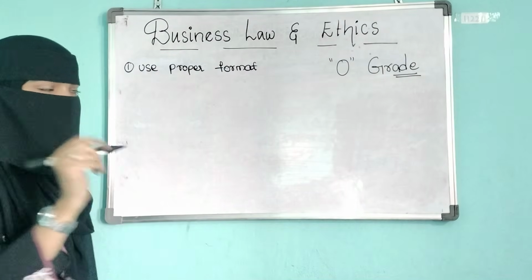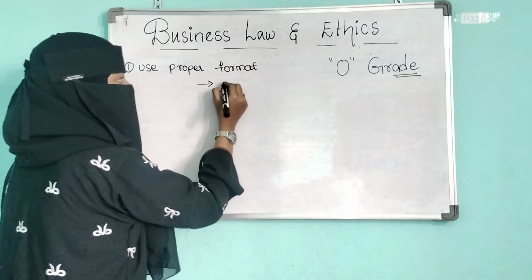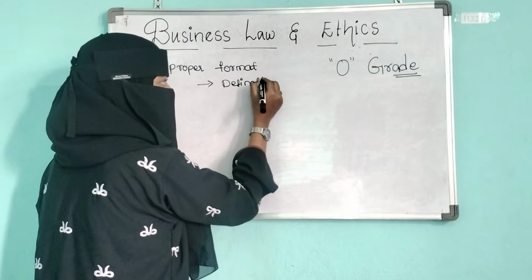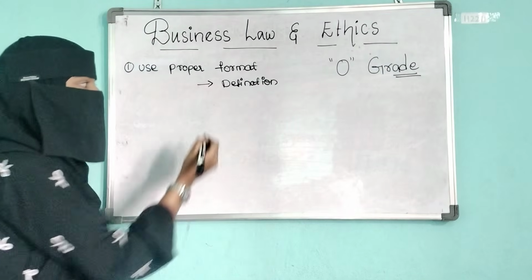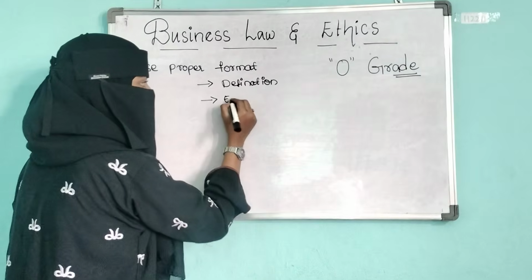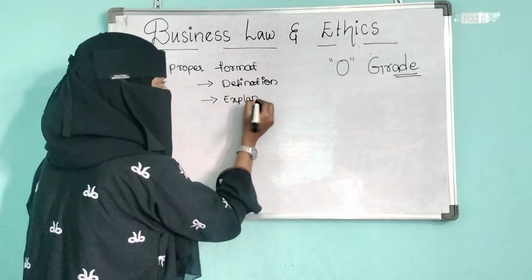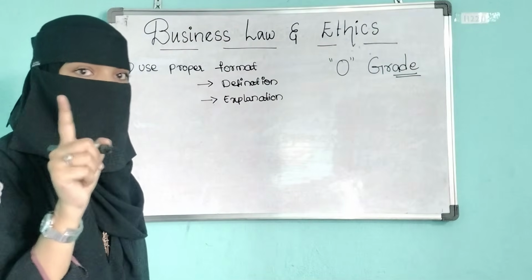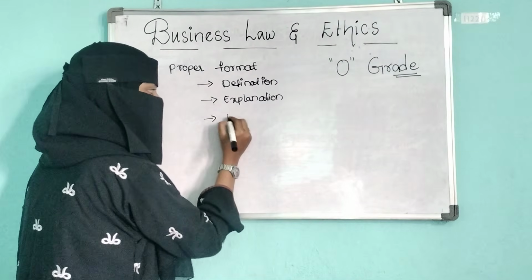What is that format? Let me say you. Guys, first start with definition. Whatever the question they are asking, you need to start with definition. After that, you need to give explanation. After explanation, definitely you need to include examples.